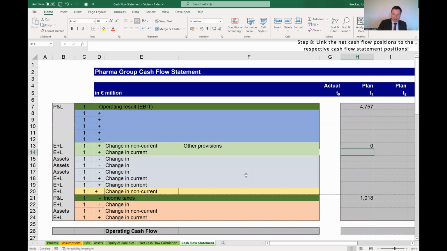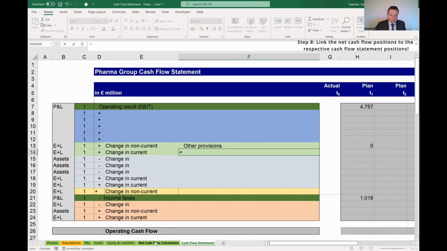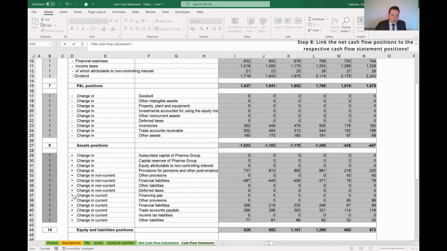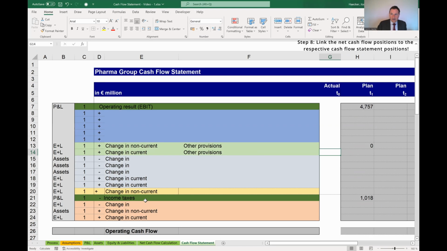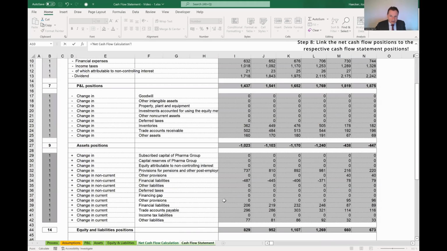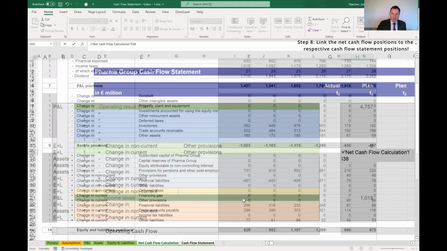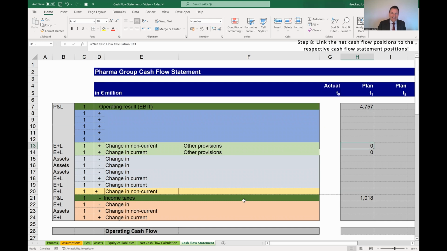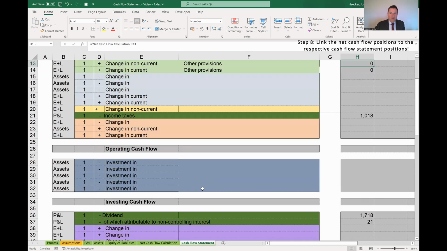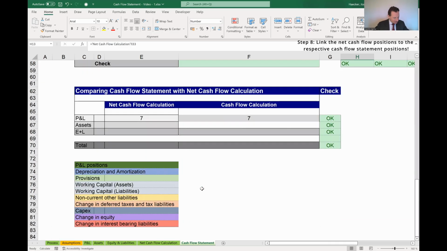And I'll take the change in other provisions current, and the current positions are also 0. So anything concerning accruals, provisions is in there and it's being added. Done.